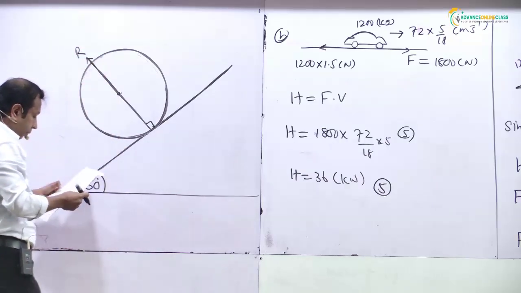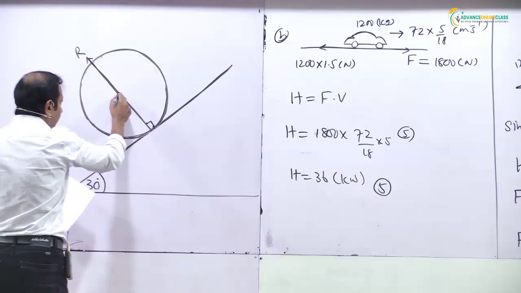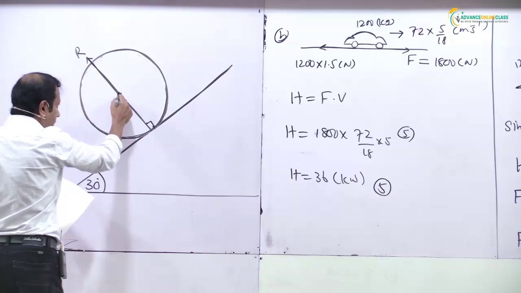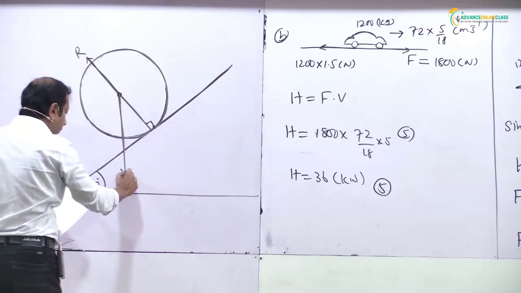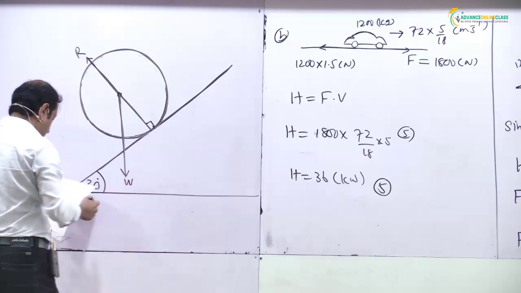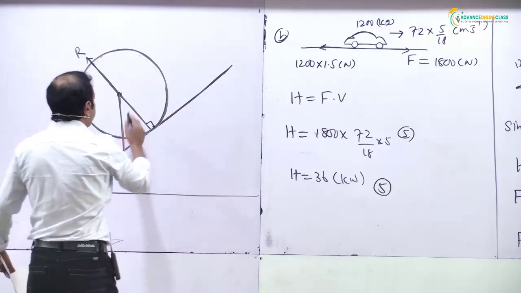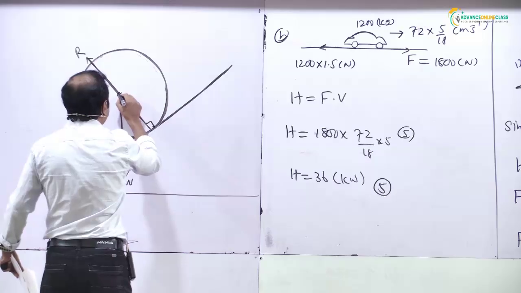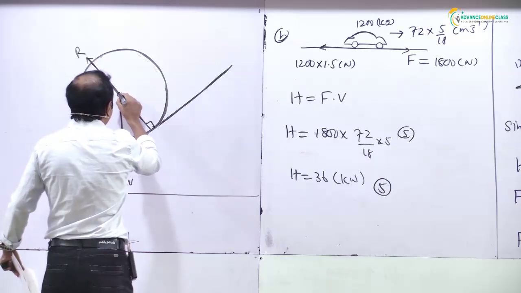Weight is W here. Tension should be passed into the center.